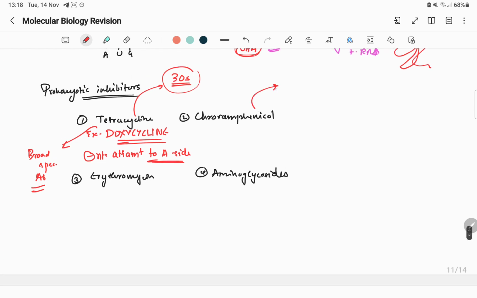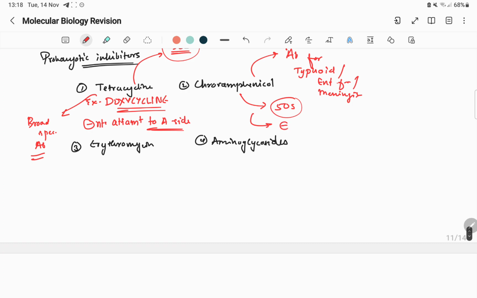And we have chloramphenicol, an antibiotic for typhoid, or for enteric fever, and also used for meningitis. It binds to the 50S subunit, and it inhibits the activity of peptidyl transferase.